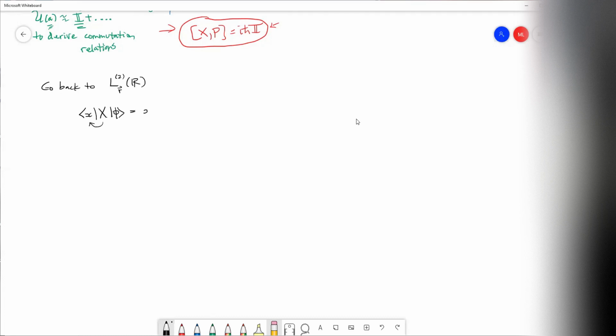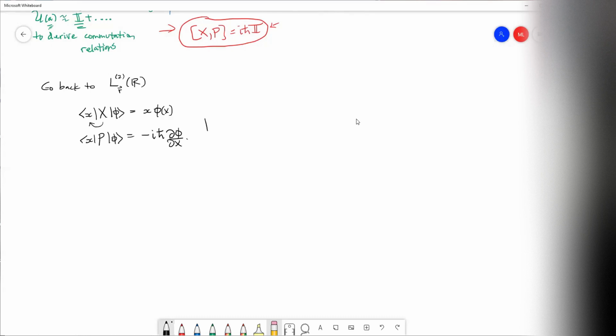That should just give us x times the wave function again. That's sort of straightforward. What's less straightforward is what happens to the p operator. We'll see that a sensible thing for the p operator to do is to have it be minus i h bar times the derivative of phi with respect to x.